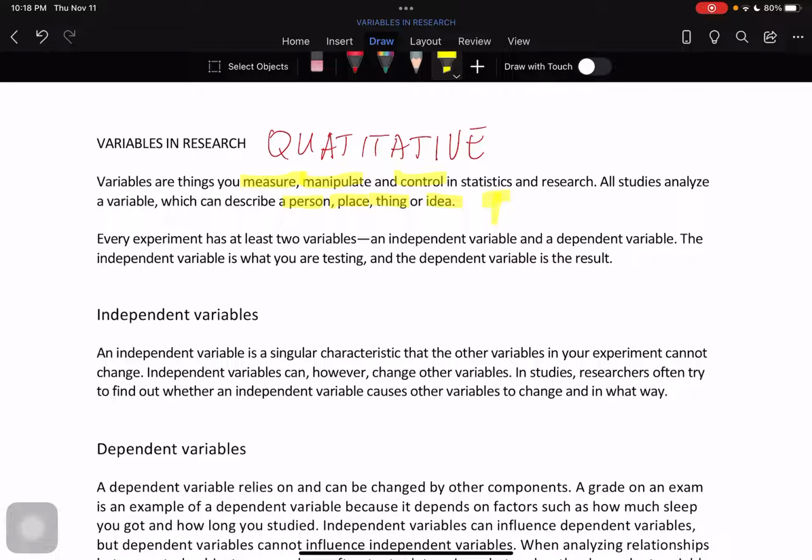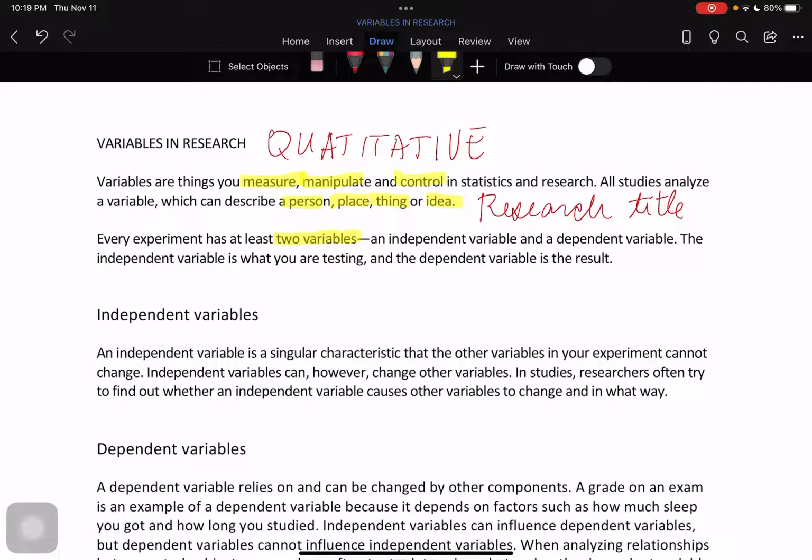Most of the time, you are asked to identify the independent and dependent variable in your research title. In order to do that, you have to establish a clear idea of what these variables are and their characteristics.